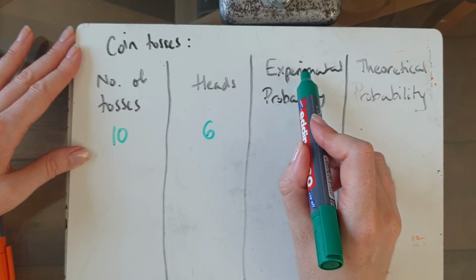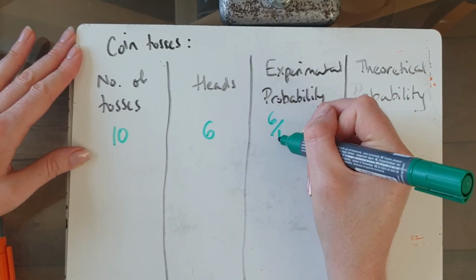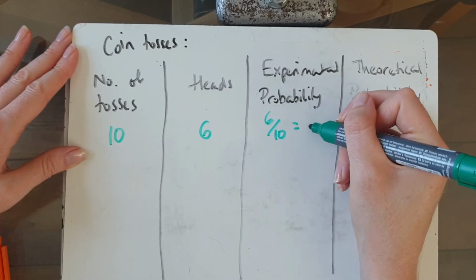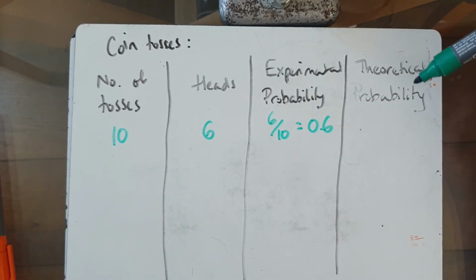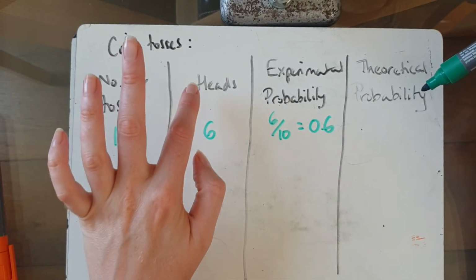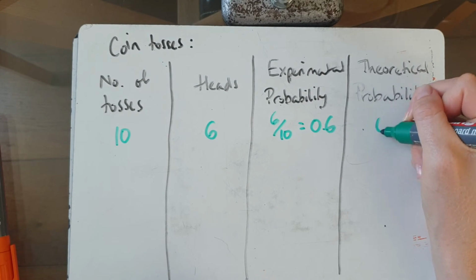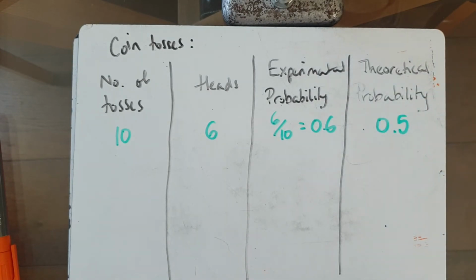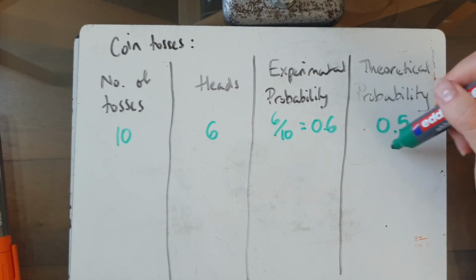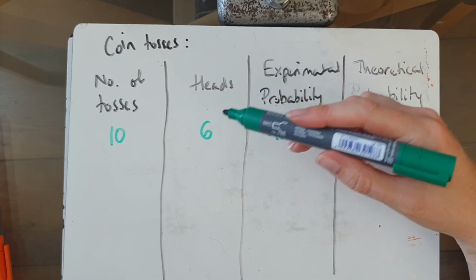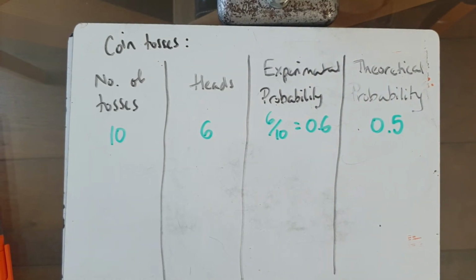Our experimental probability then would be 6 out of 10, which is 60% or 0.6. However, our theoretical probability of landing on heads when we flip a coin is always 0.5. So here, our theoretical probability is 0.5, but the results of our experiment give a different probability of 0.6.